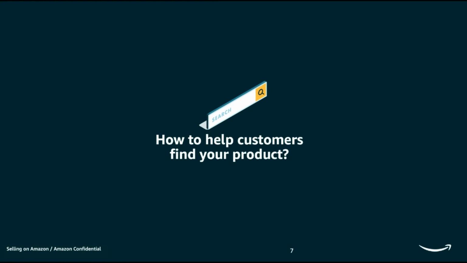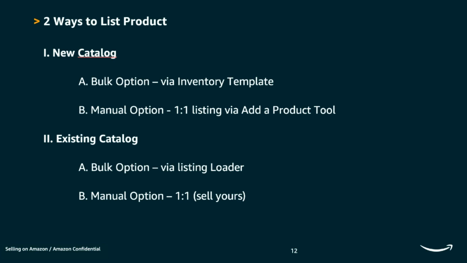So now that you know the product requirements that you need to prepare, let's discuss how you can list an item. You may be listing a new catalog or item which is not yet existing on the website, or an existing catalog, where a seller partner already uploaded the product in Amazon.